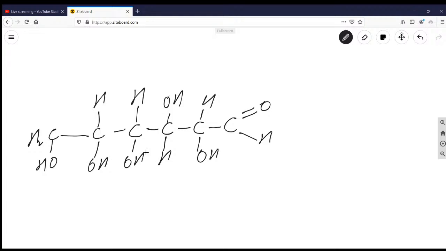Let's take each of these carbons as a separate group. If I take C5, on this side this group is attached, this side H, this side OH, this side this group is attached. So can I say C5 is a separate chiral center? Just look, this entire group is different, this group is different, and this entire group is different. So C5 is a chiral center carbon, independently as well.